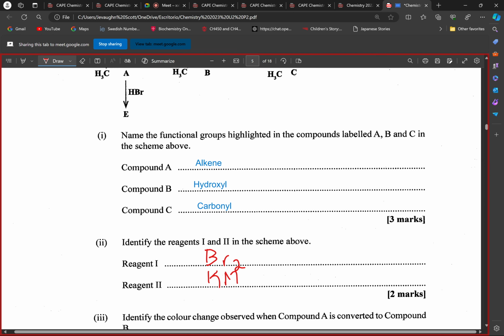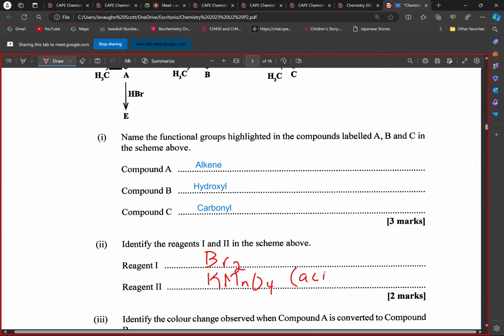Acidified. We're talking about acidified potassium permanganate. Lovely. Moving on now.